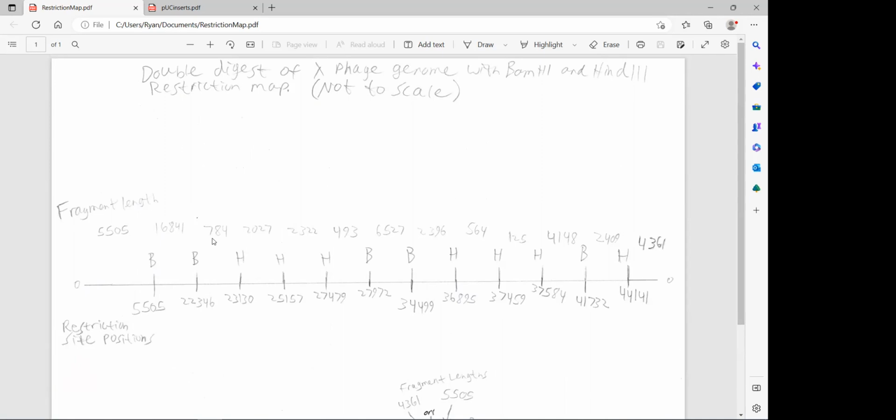You have to do that for the entire genome for all of the different sites. 784, yes. Okay, got it. Thank you so much. It makes it much easier now.